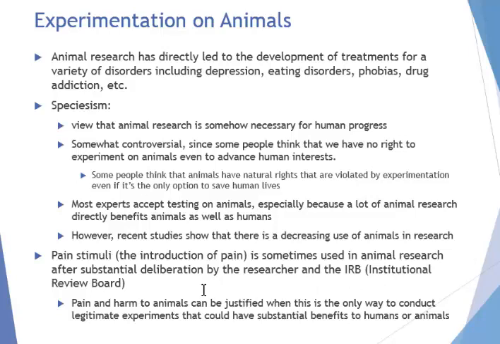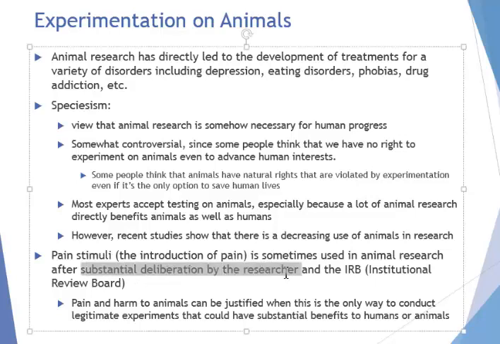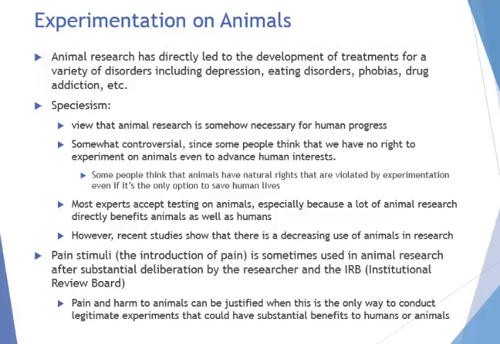In other words, introducing pain in animals. That has also been allowed, and that has also been done. It is sometimes used in animal research. After substantial deliberation by the researcher and the Institutional Review Board, the people, usually the institution, like a college, that's overseeing the research, will appoint a board that will oversee the experiment and make sure everything is being done properly.